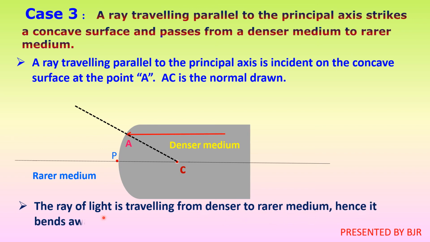Hence, it bends away from the normal. Okay, like this. If the surface is not there, this interface is not there, this ray would have gone like this, and it is traveling from denser to rarer. That's why it is bending away from the normal.